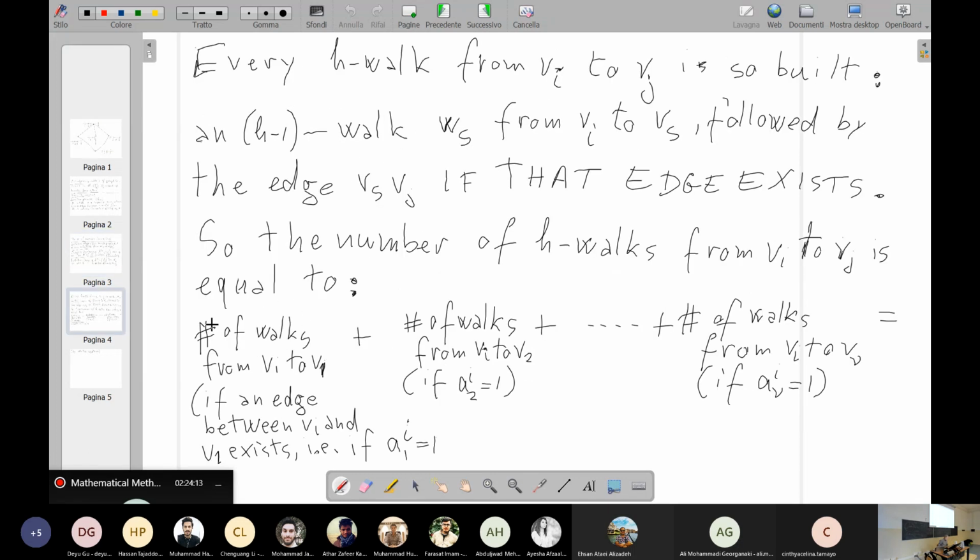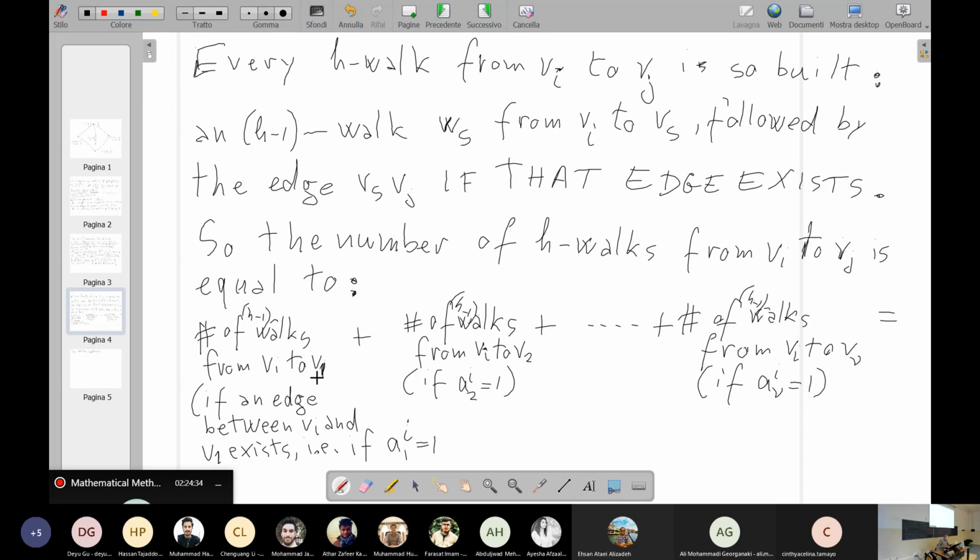So here I have the number of walks, and these are h minus 1 walks from Vi to V1.